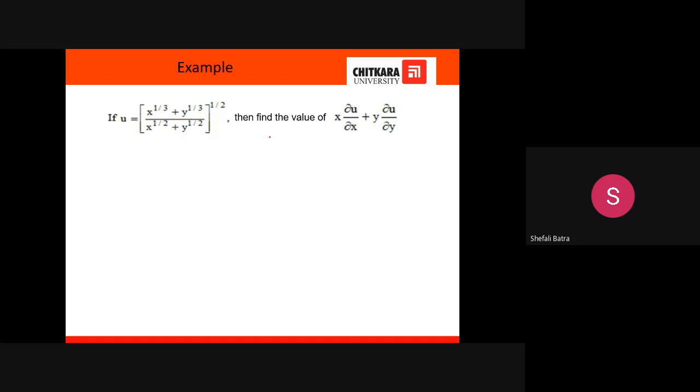So for application of Euler's theorem, this function should be homogeneous. Now check it and tell me whether it is homogeneous or not. If yes, then what is the degree? You will try it in the similar way. Take highest x power outside in numerator as well as in denominator and then simplify it.